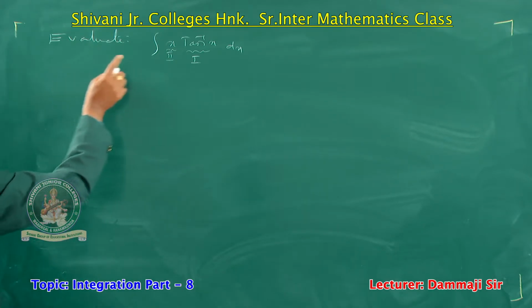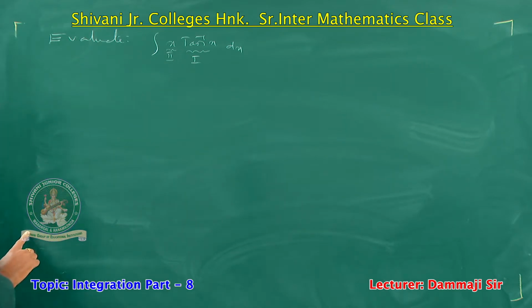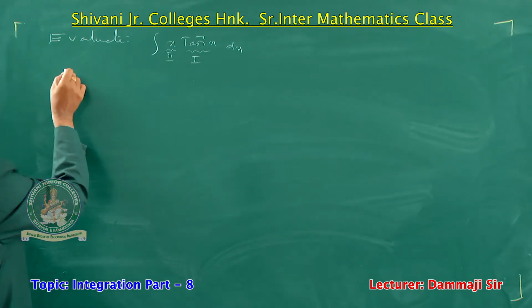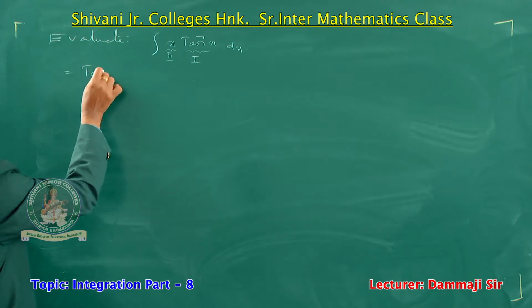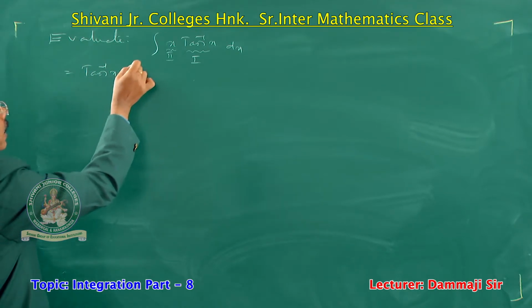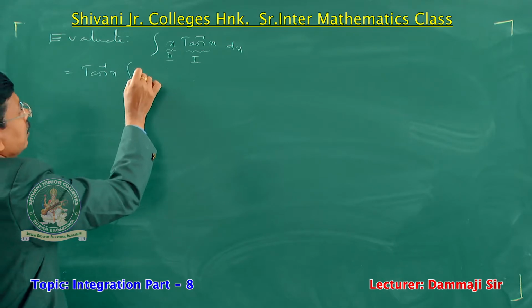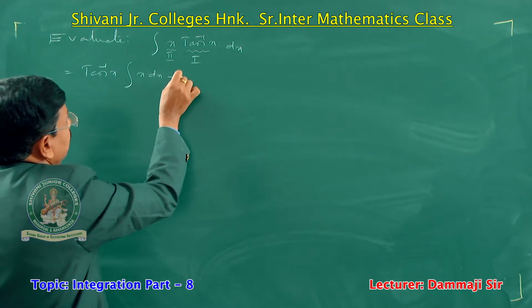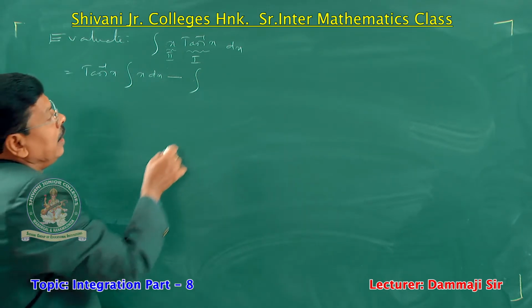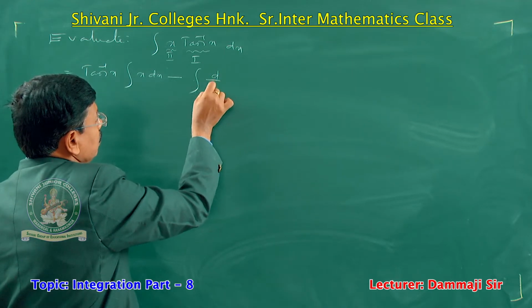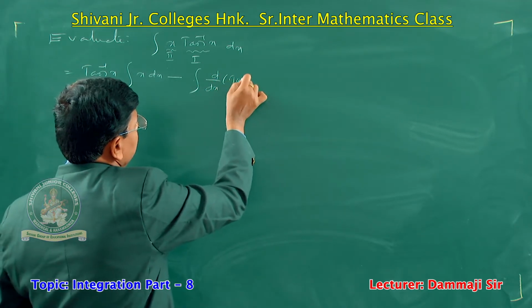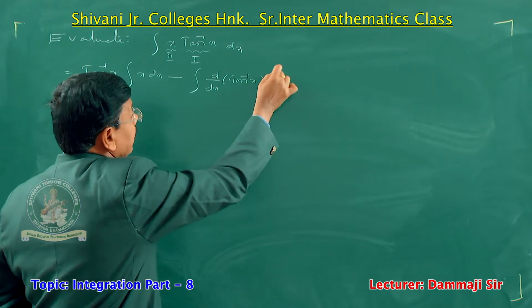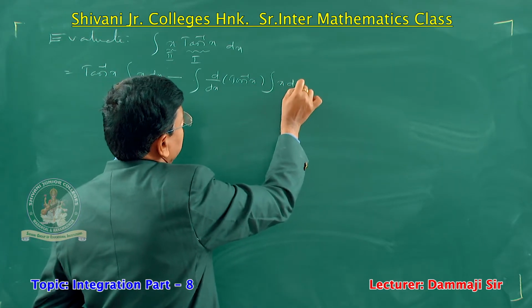You know the process very well. Write down the first one, keep tan inverse x, times the integral of the second one, minus the integral of the derivative of the first one, that is d/dx of tan inverse x, times the integral of x dx.